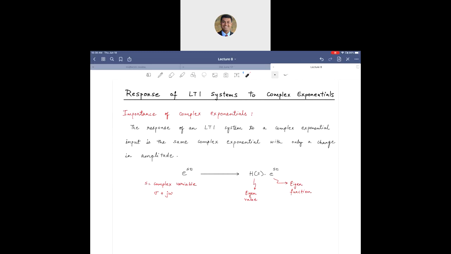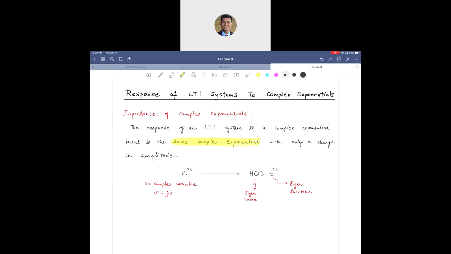So our first question, importance of complex exponentials. Now it turns out that this complex exponential signal has a very attractive property. And the attractive property here is the response of an LTI system to the complex exponential input is the same complex exponential signal at the output.